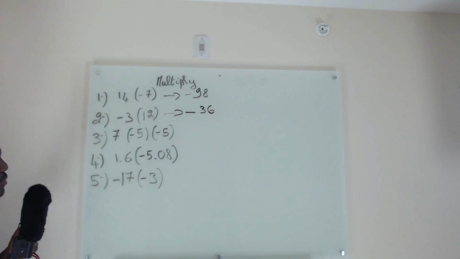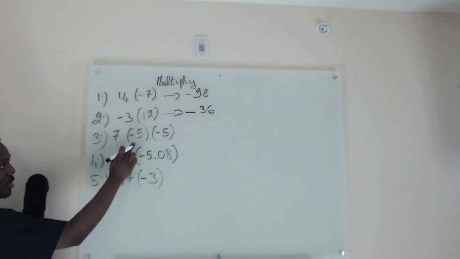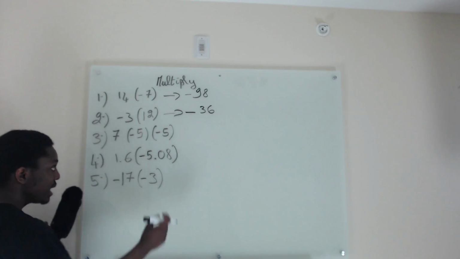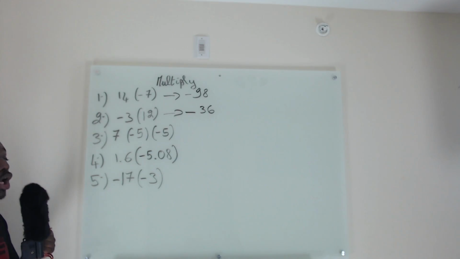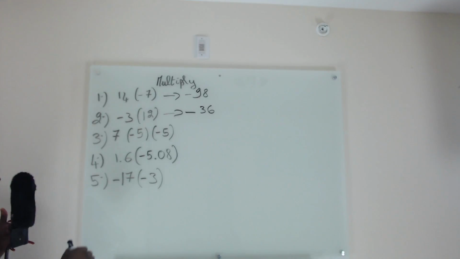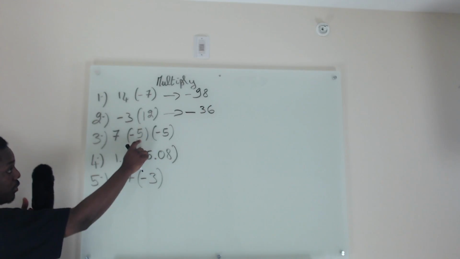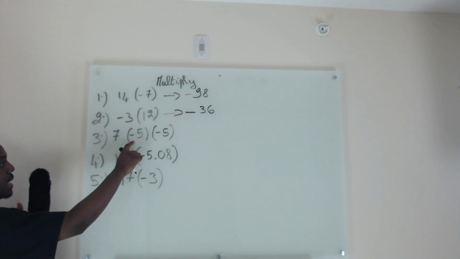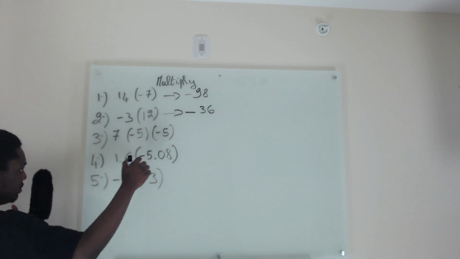All right, here we have three numbers. We have the number 7, the number -5, and the number -5 as well. As I said, we always begin by multiplying the signs of the numbers. The sign of the number 7 is positive. The sign of the first number 5 is negative. And the sign of the second number 5 is negative.